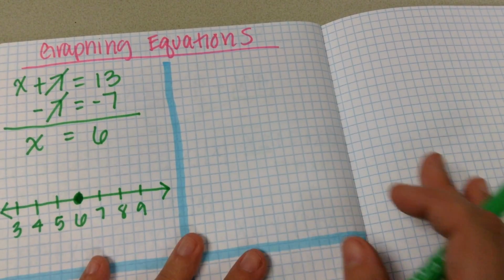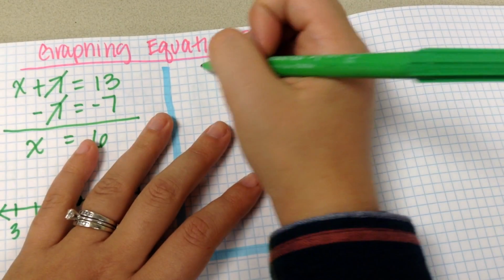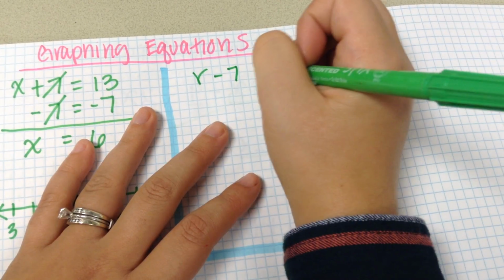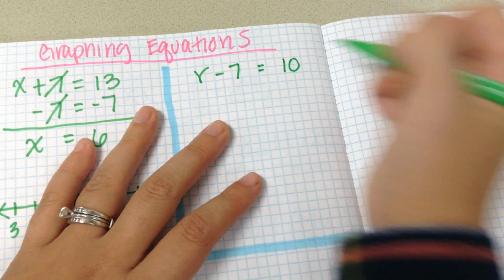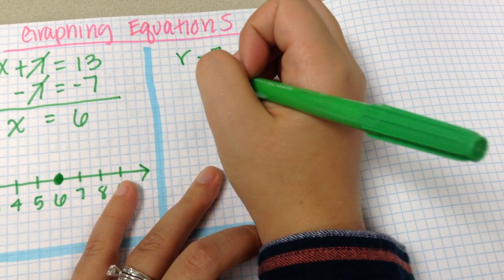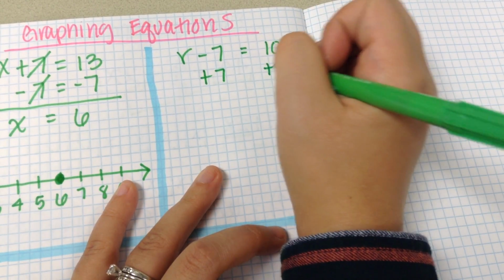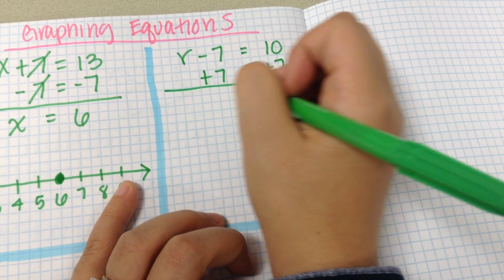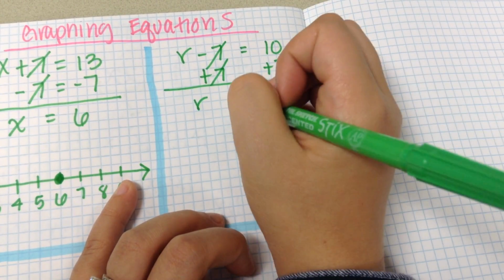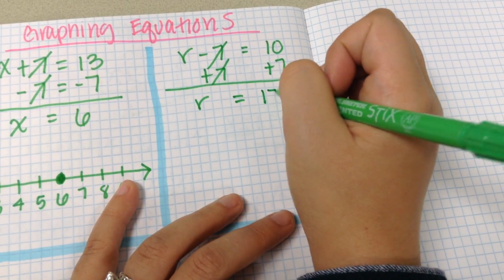Okay, the next problem we have is r minus 7 equals 10. So again, we're going to do the opposite. So plus 7 plus 7. So r, this cancels, is equal to 17.